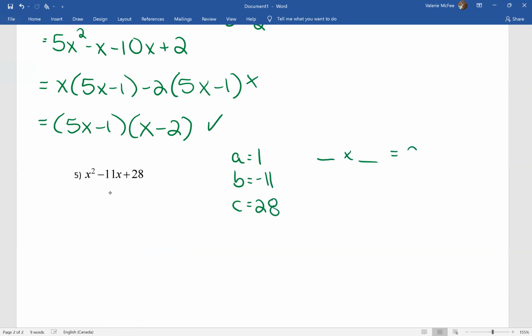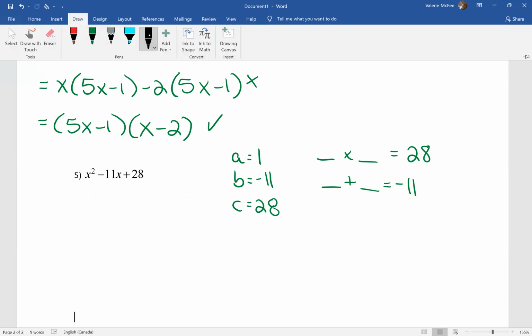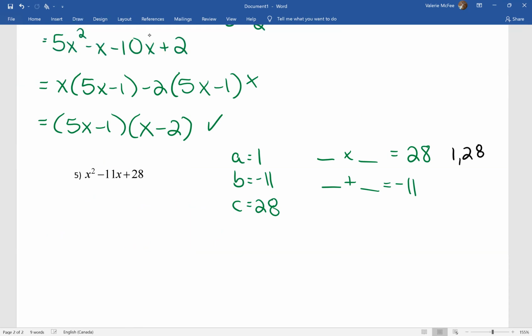Two numbers that equal A times C and add to equal B. So we list the factors of 28 if we don't know those numbers quickly and easily. And we see that 4 and 7 could give us the positive 28 and the negative 11.